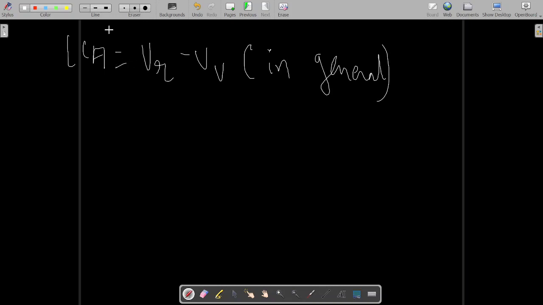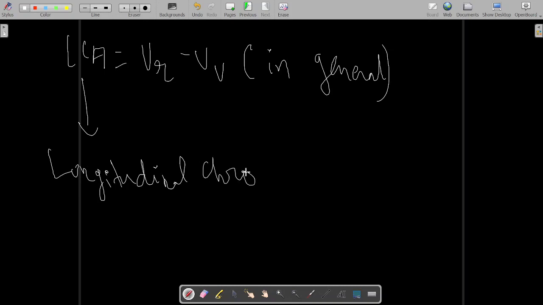This is what? LCA means longitudinal chromatic aberration.